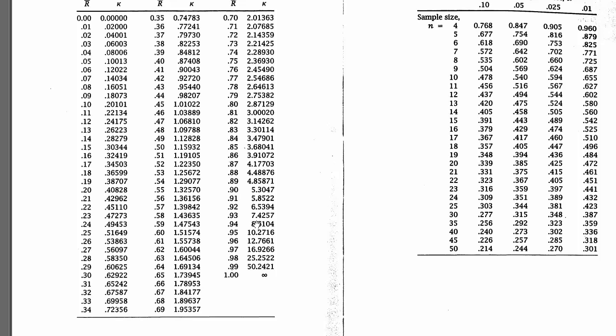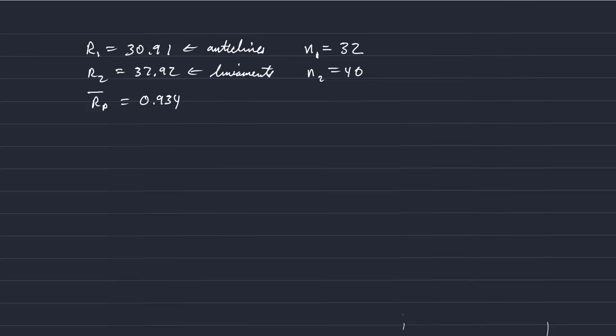I just did a linear interpolation to find out what kappa was. As you can see, for high values of R, kappa starts changing a lot, so in this range it might be good to improve your accuracy by doing some sort of interpolation between those points. And I found that kappa is equal to 7.87.